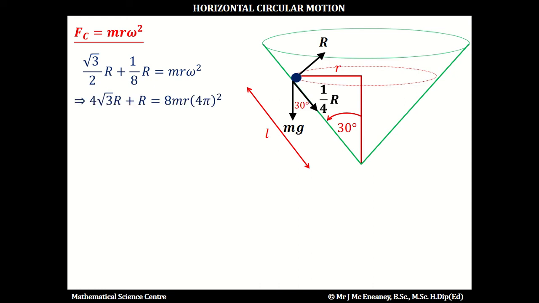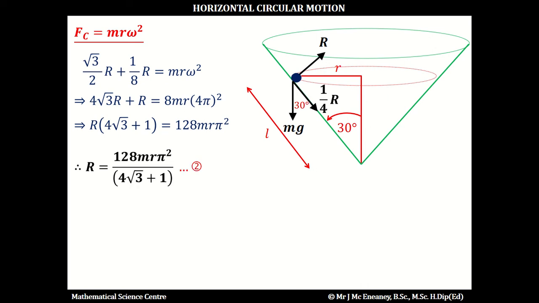We can also multiply across by 8 again, just to get rid of all of the fractions, and then you get 4√3R + R = 8mr times (4π)². Now (4π)² is 16π², so the right hand side works out as 128mrπ². On the left we're going to try and get R on its own, so we factorize out the R, you get R(4√3 + 1). So this means that R equals 128mrπ² all over (4√3 + 1).